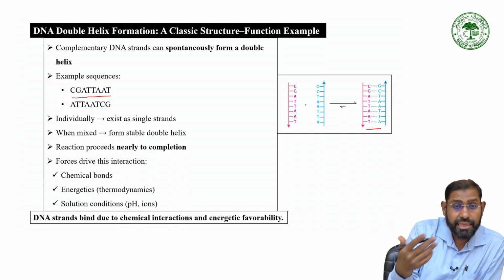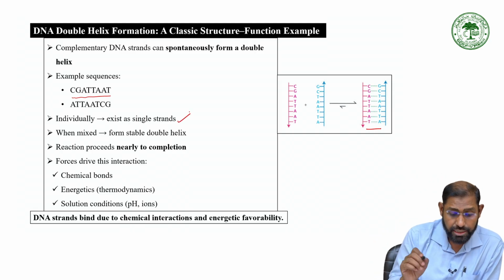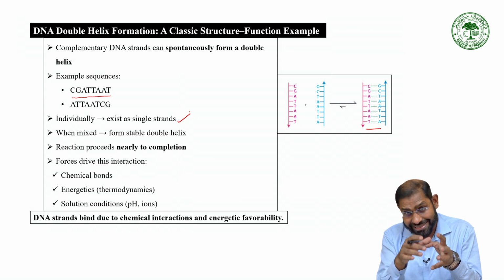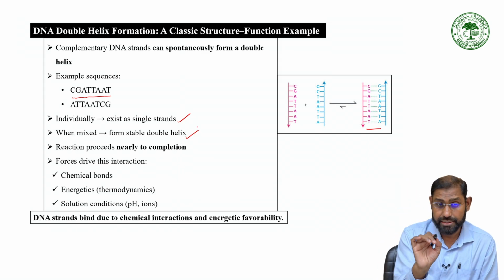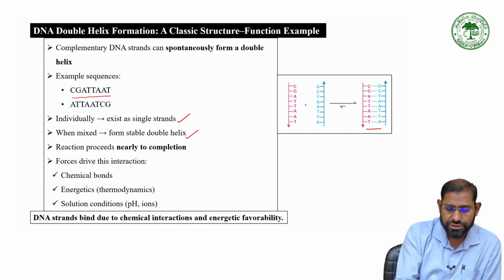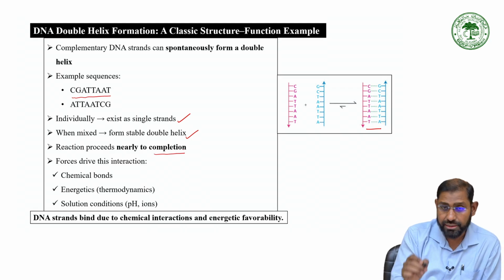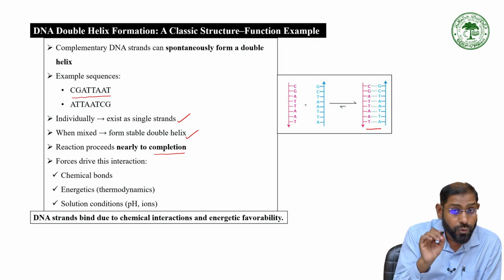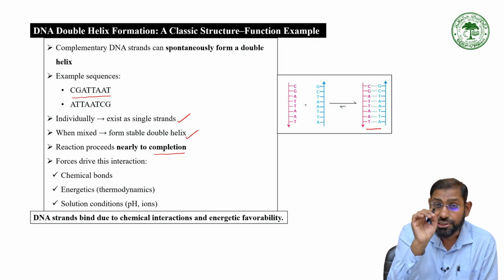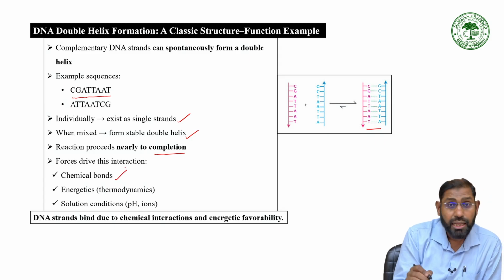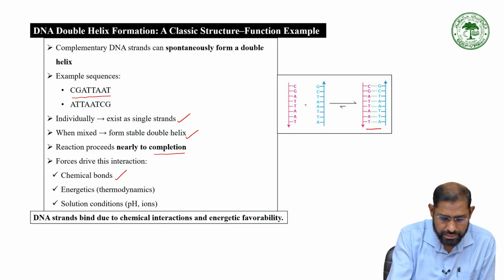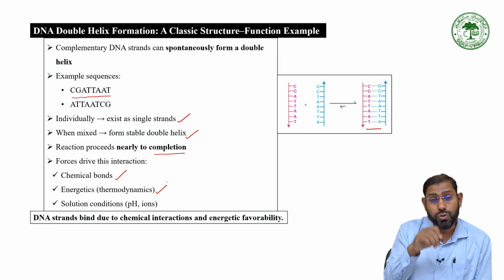Individually they exist as single strands, but whenever they mix with the complementary strand, they form a stable double helix. And this reaction is almost complete. There's no hindrance. And what are the forces driving this interaction? That's chemical bonding, then the energetics, thermodynamics, and also the solution conditions.